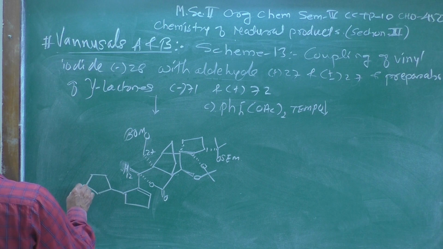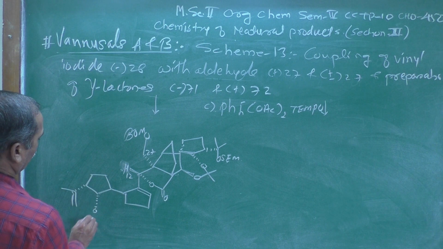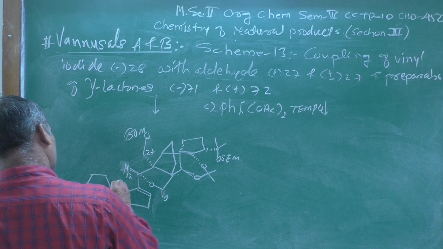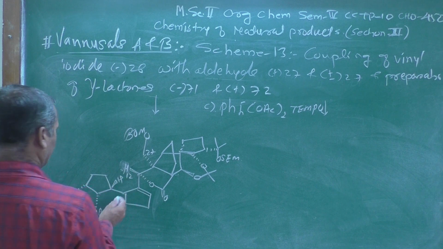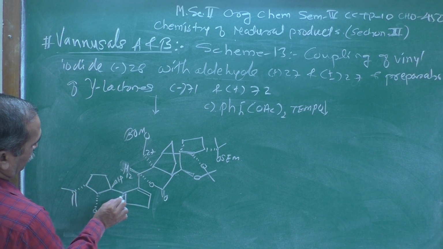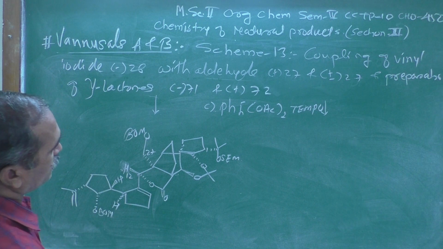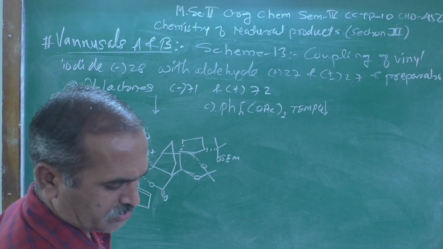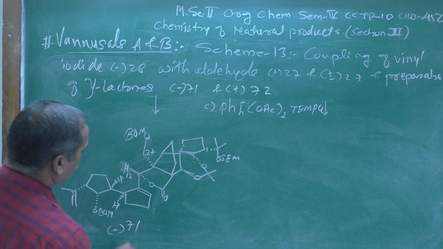Here the group which is attached remains as it is, this is a protecting group O-BOM, and the hydrogen atom remains as it is. Here the hydrogen atom goes below the plane. So, this is the lactone, and that is nothing but structure number minus 71.